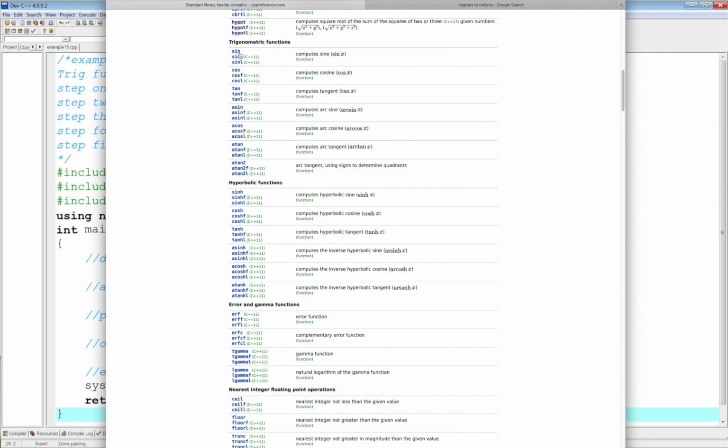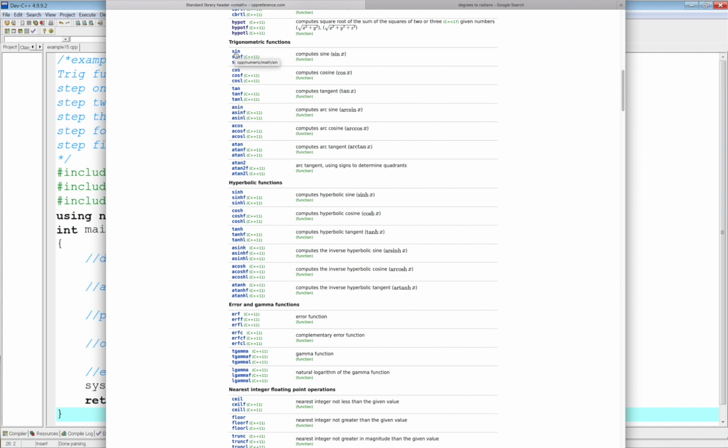As you can see, you have a sine function, and you have a cosine function. Now you have different flavors of it as well, for float and long floats here. But these are supported by C11 and higher. We're just plain and simple looking at sine and cosine.